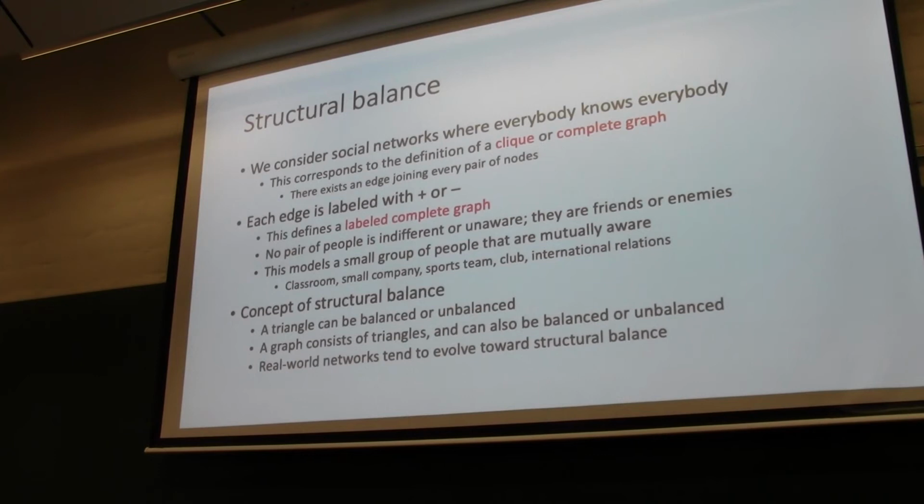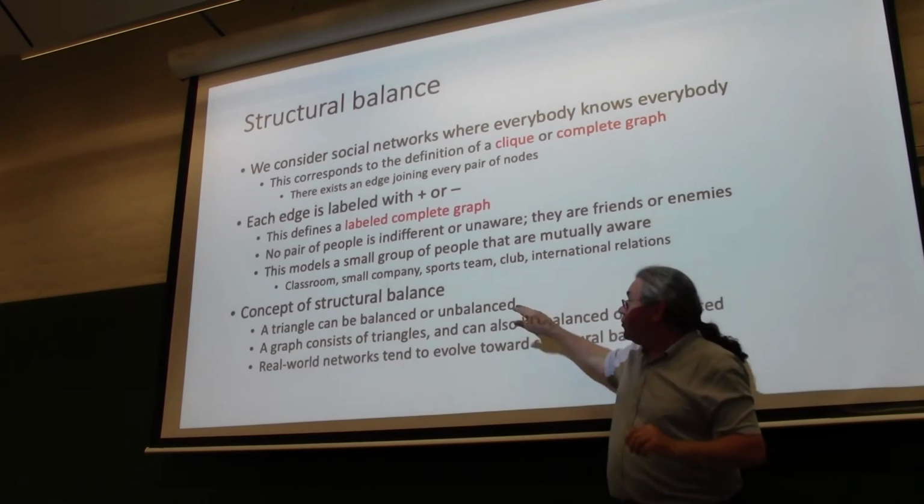And again, we look at triangles. Triangles are very important. Remember, before the break, I talked about closure. Closure is where you have two edges of a triangle and you add the third one. So it's about triangles. Now, again, I'm going to talk about triangles between three nodes. Here, for example, A, B, C. And the triangles can be balanced or unbalanced.